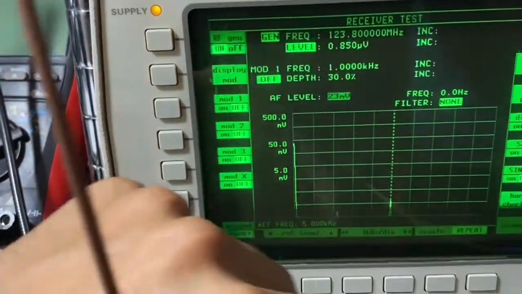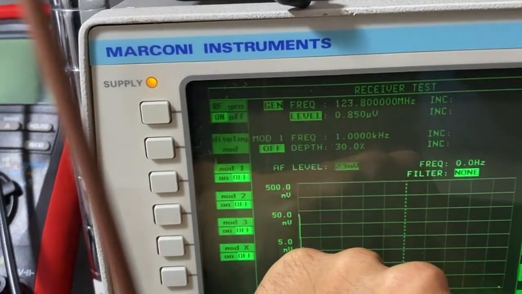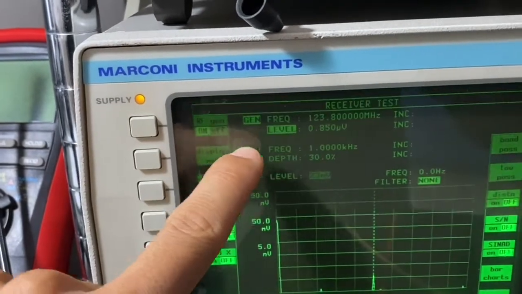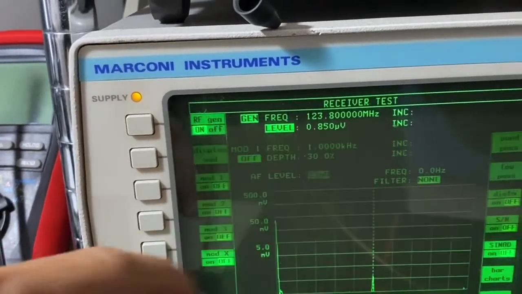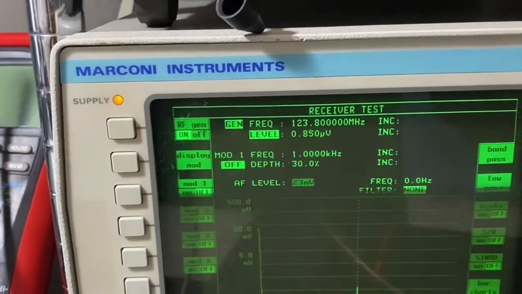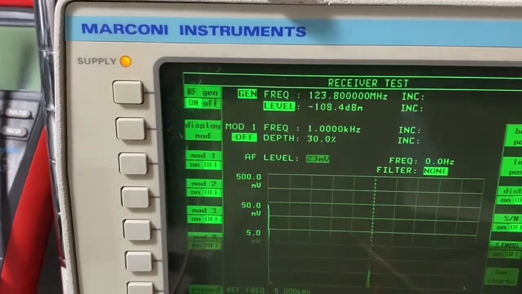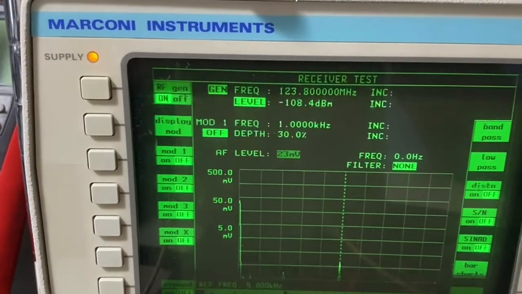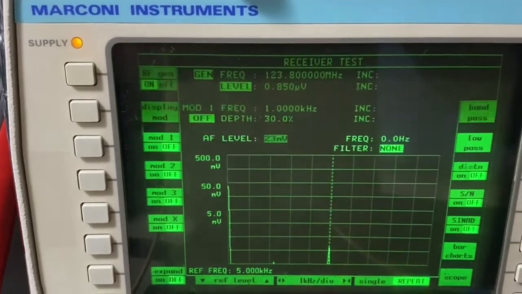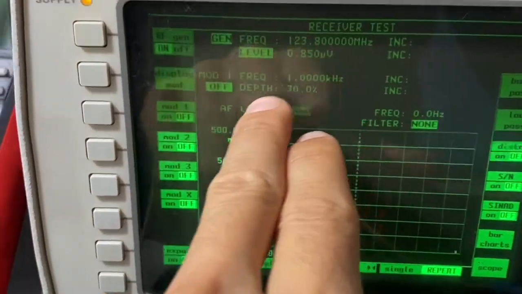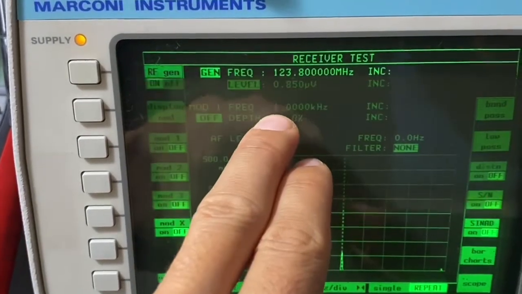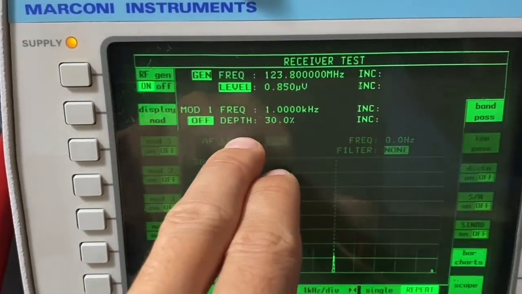As you can see here, let me get the brightness a bit down. I'm sending a carrier on that frequency at 0.85 microvolts, which is about minus 108 dBm. And the audio tone that I'm sending is 1 kilohertz at 30% depth.